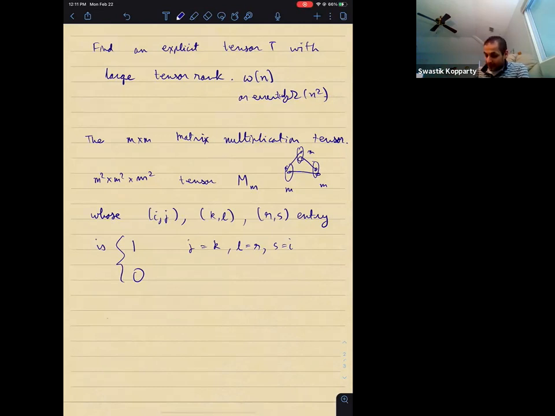So the rank of M_m is about m to the omega, where omega is the exponent of matrix multiplication. I'll write it as omega: m to the omega is the complexity of matrix multiplication.